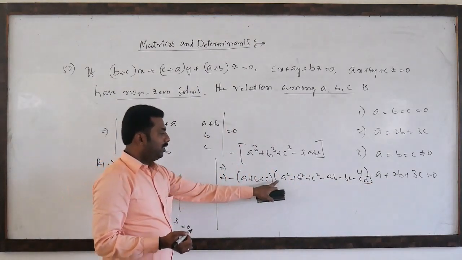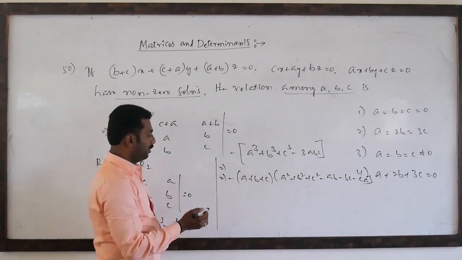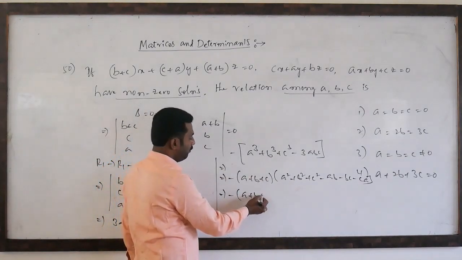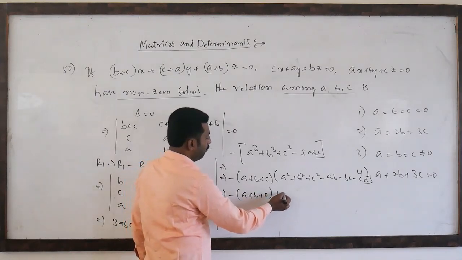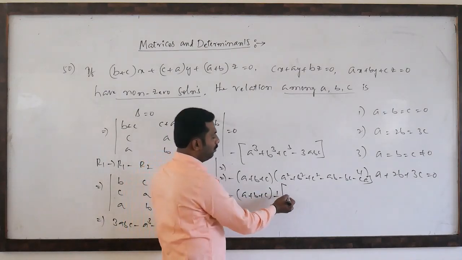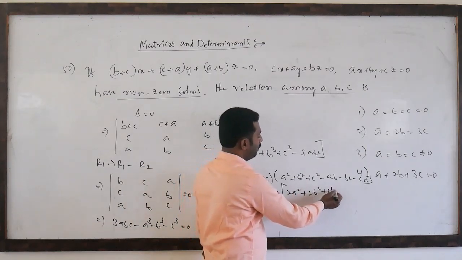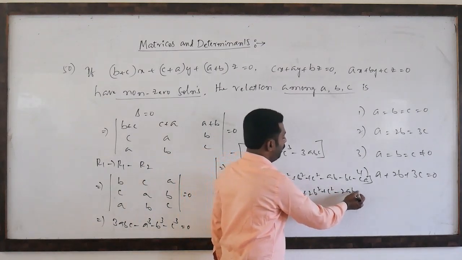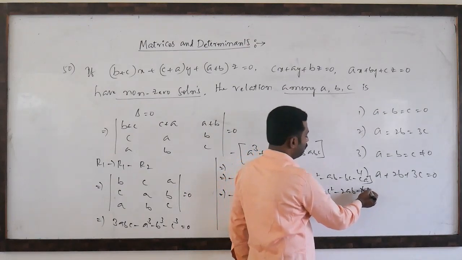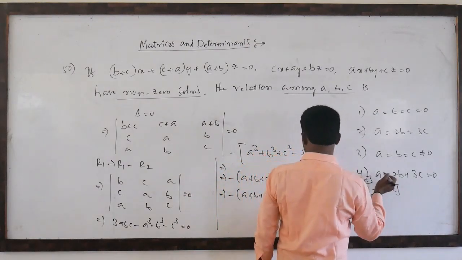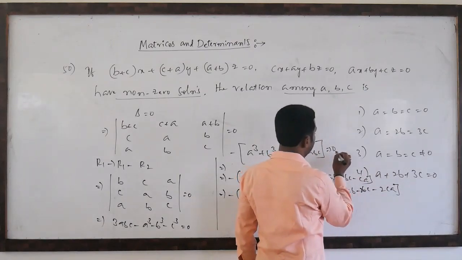If you multiply these two, you will get the same expression again. So minus of a plus b plus c divided by 2, into 2a square plus 2b square plus 2c square minus 2ab minus 2bc minus 2ca, must be equal to 0.